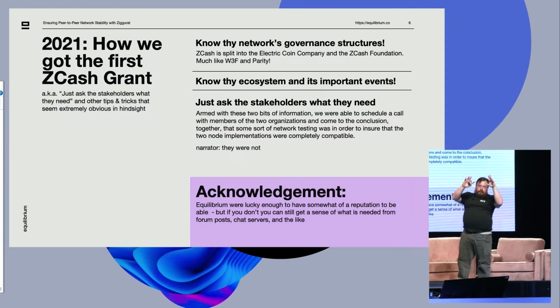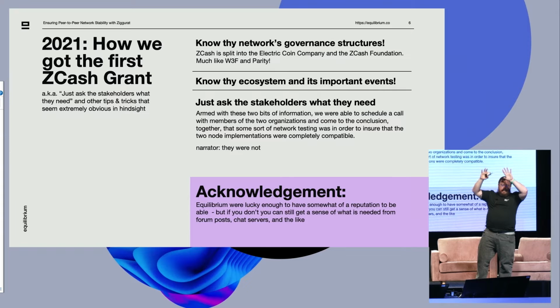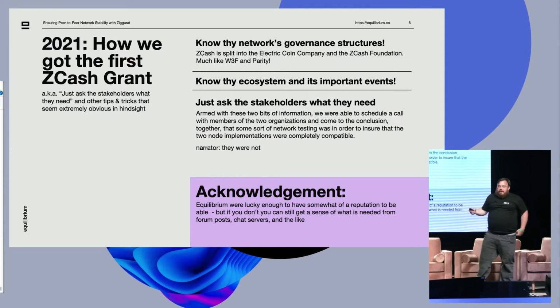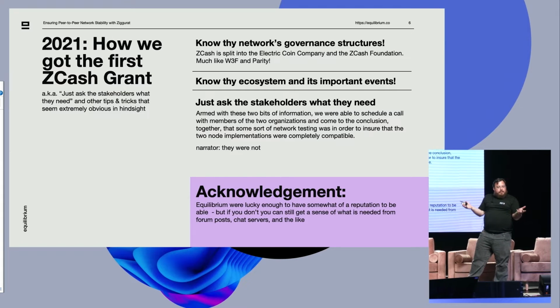So Zcash governance is split into the Electric Coin Company, which is the for-profit arm, and then the Zcash Foundation, which is the non-profit arm that does the grants. That should sound pretty familiar to you. That's a lot like Parity and the Web3 Foundation. And you should know the important events that are happening in the ecosystem. At the time of our grant, they were writing the Rust implementation of the Zcash node called Zebra.